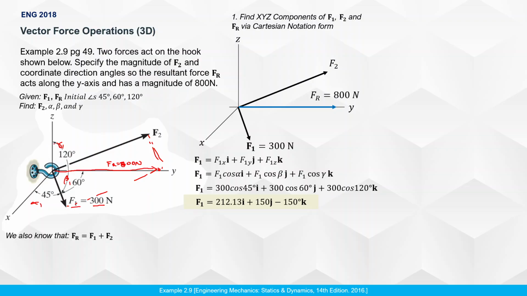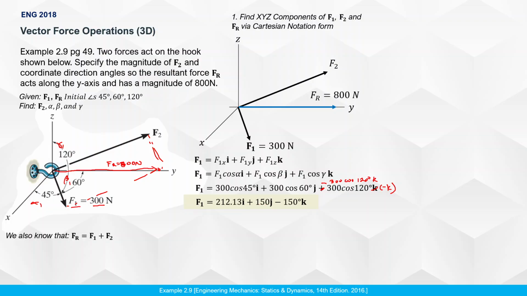This time, kung makikita nyo, almost pababa yung z. So, dapat yung z natin dito, yung k natin dito is technically negative. Okay, which will reflect dito. You can put it this way or simply just put na lang yung sign dito na negative 300 cosine 120 degrees. Okay, para lang ma-indicate kung nasang direction siya. So, nakuha ko dito is 212.13i plus 150j and then negative 150k.